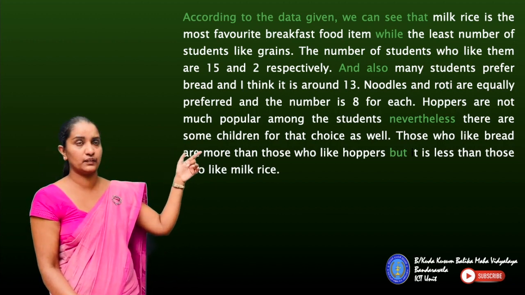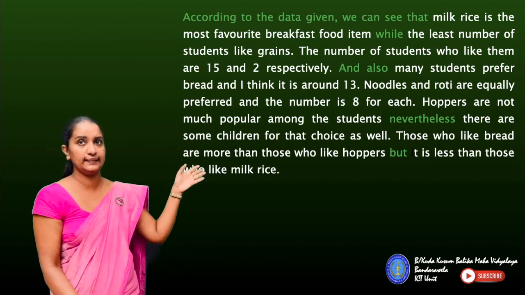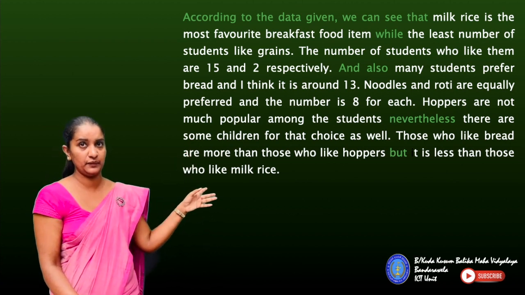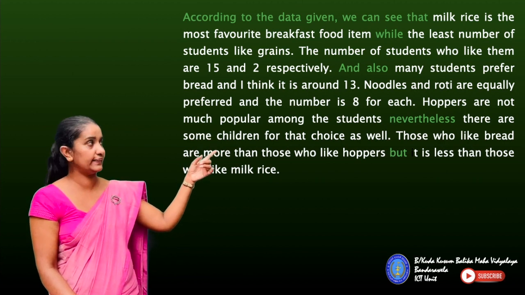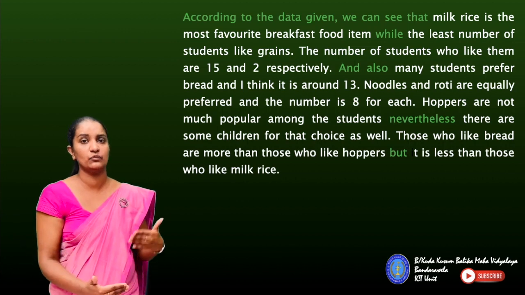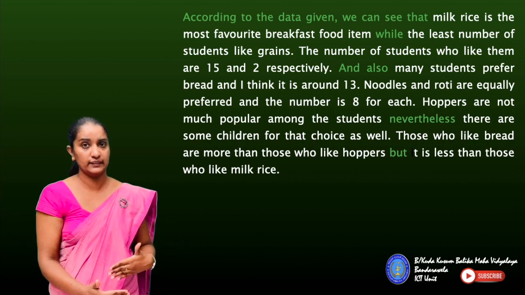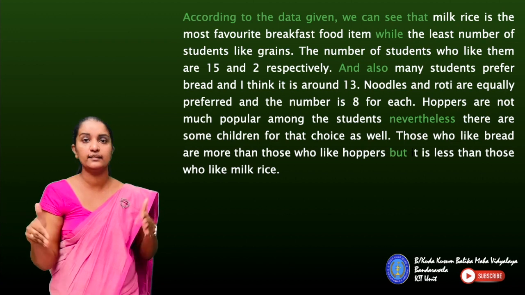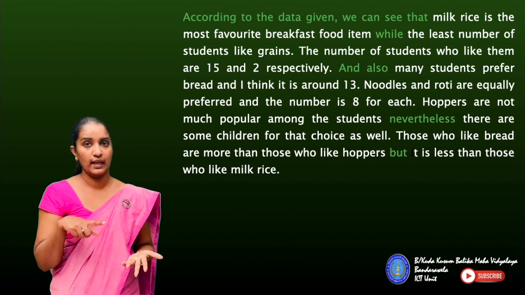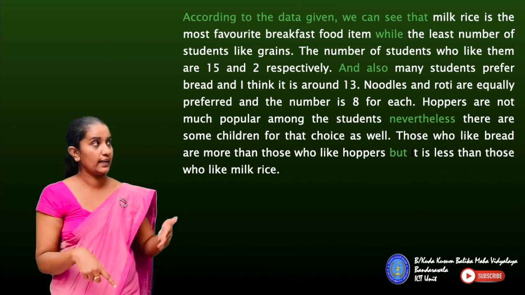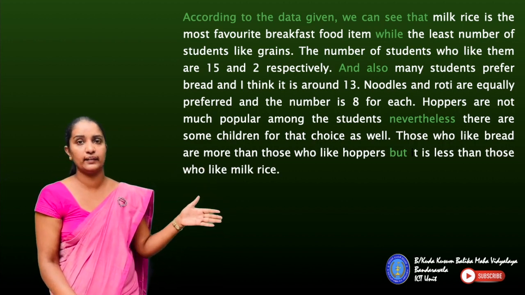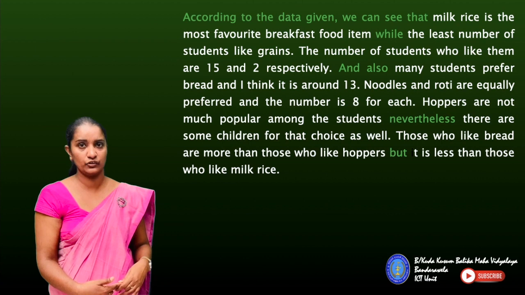So I have taken the least and the most and all the data. You can read it leisurely, and I would like to highlight my cohesive devices also. In between, you have to write 1 or 2 cohesive devices to connect one sentence to the other. Then you will get marks for the organization and for the grammar, and if all the data is interpreted, you can get full marks for the content also.